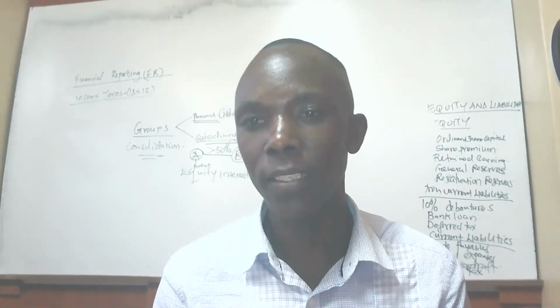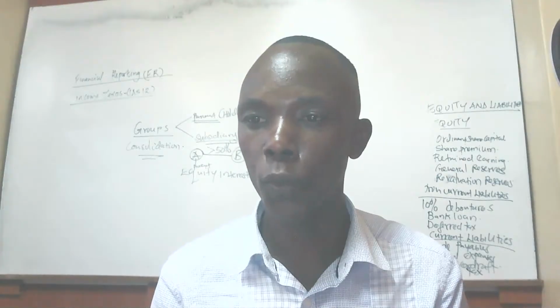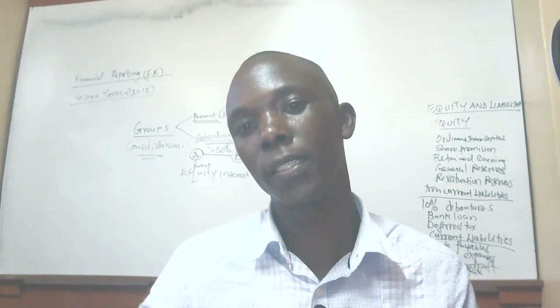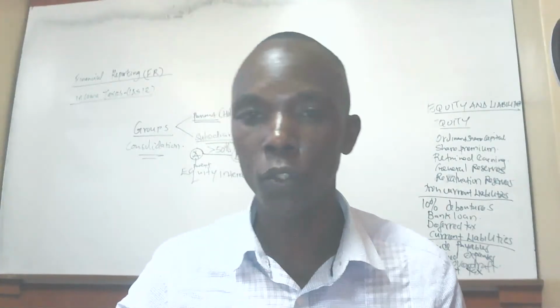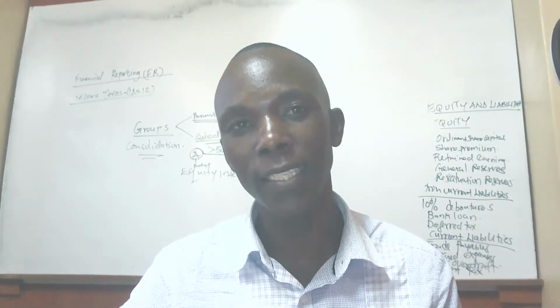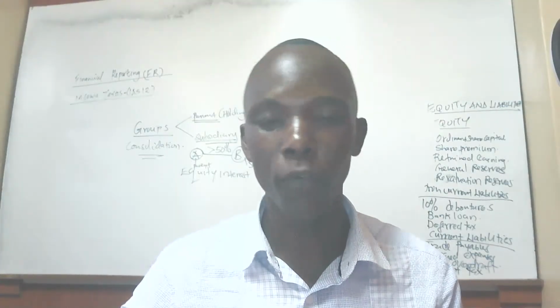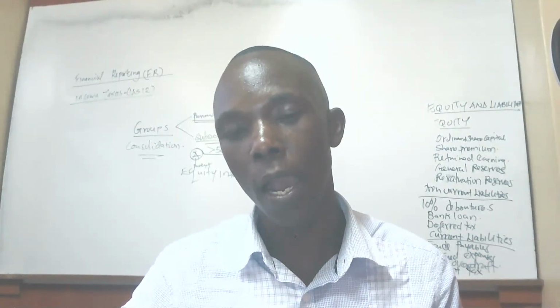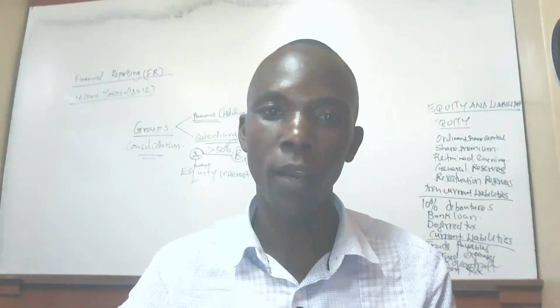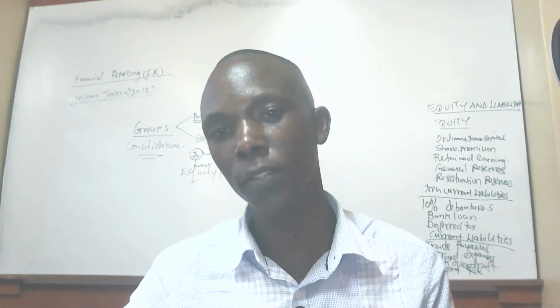Those are the areas we are going to look at in detail as we see how to cover these topics. So that is just a small briefing of what we are supposed to cover in financial reporting and analysis.